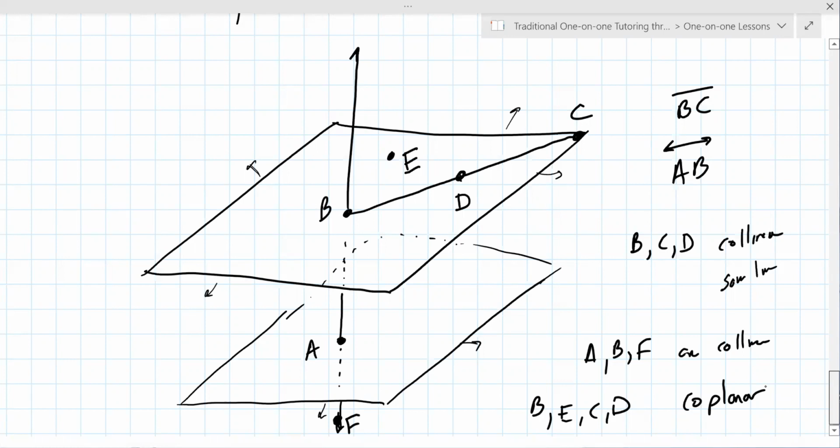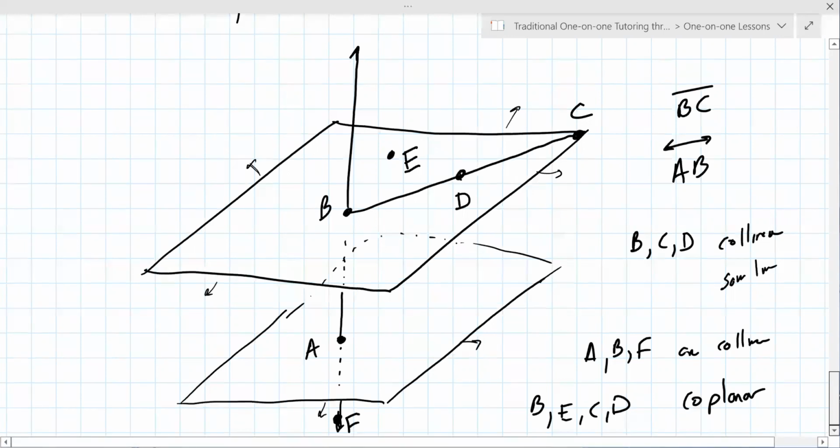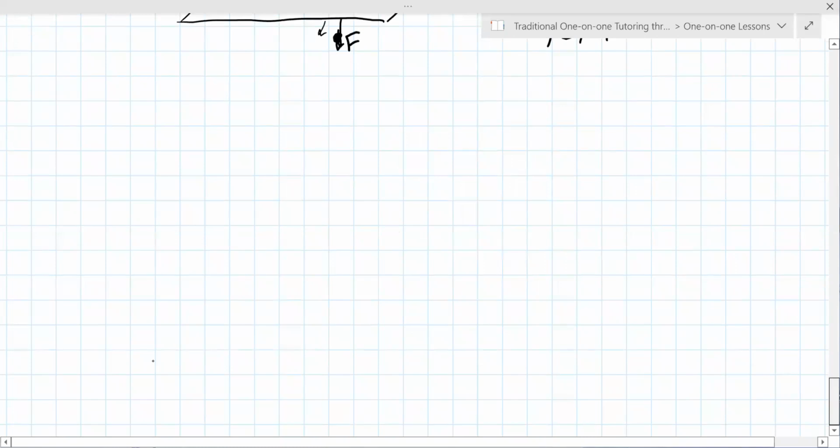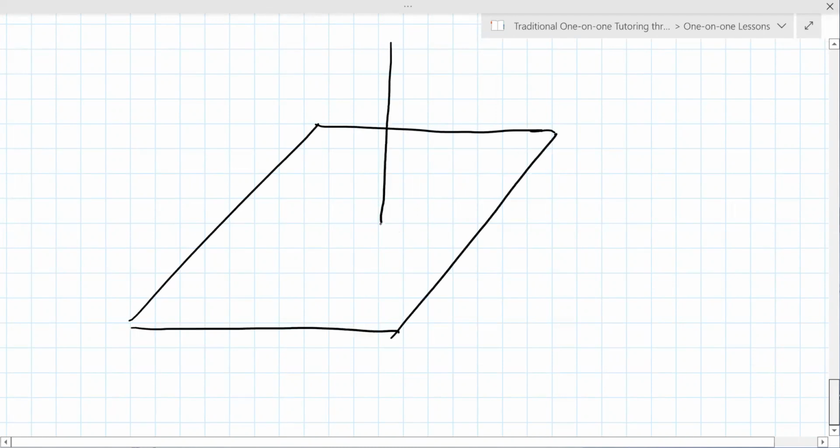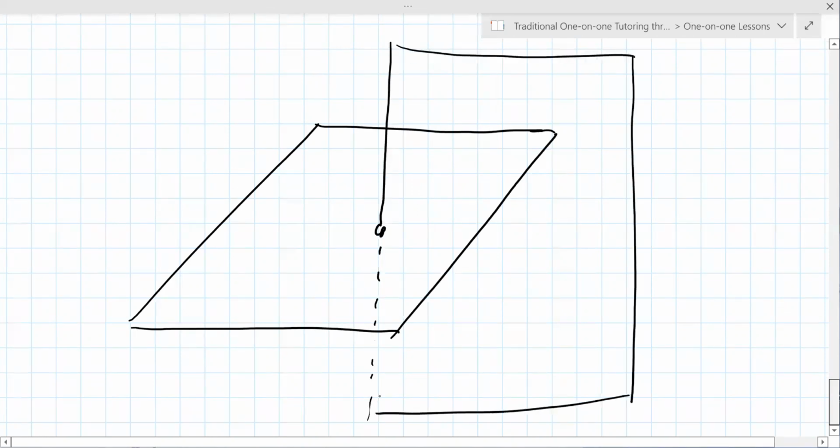All right. And not to try to blow your mind here, but you can actually draw planes that intersect. Let me try and do that here because this is worth doing. I think you do see this at some point early on in the course. Here's a plane, but you can also hit this plane with another plane. Let me see if I can even do this. So that they intersect.